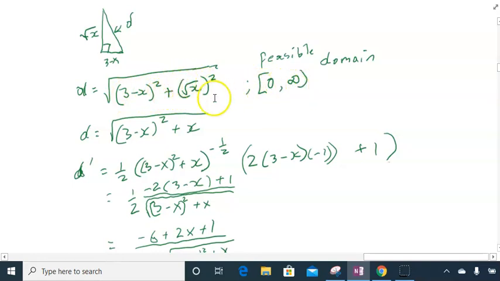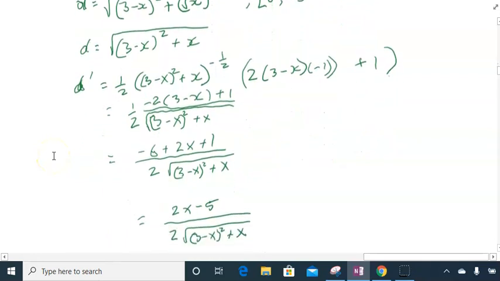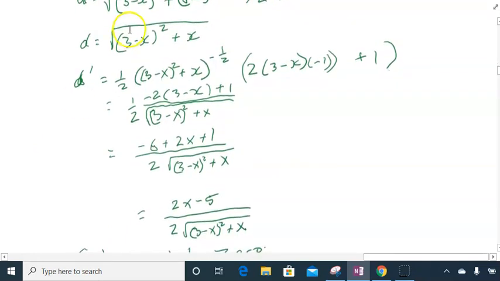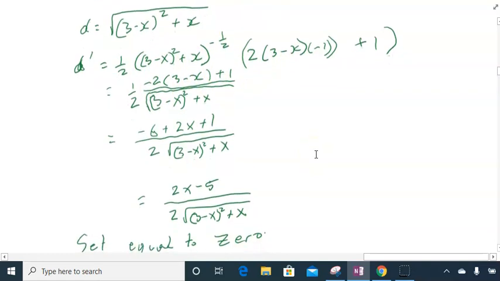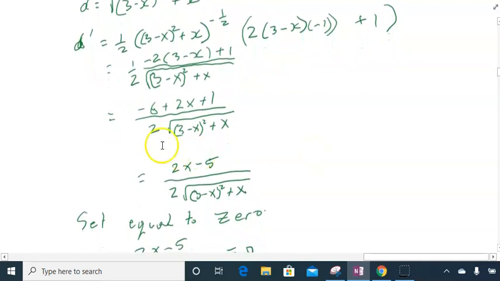Our feasible domain here is 0 to infinity, and then just simplify whatever is underneath the radical. So I keep (3 minus x) squared plus x, and then find the derivative of that radical function. If we rewrote this as (3 minus x) squared plus x raised to the 1/2, we follow all these steps. We're using the chain rule right here to get all the way down to simplifying this. After you simplify this, you get d prime is equal to (2x minus 5) over 2 radical ((3 minus x) squared plus x).